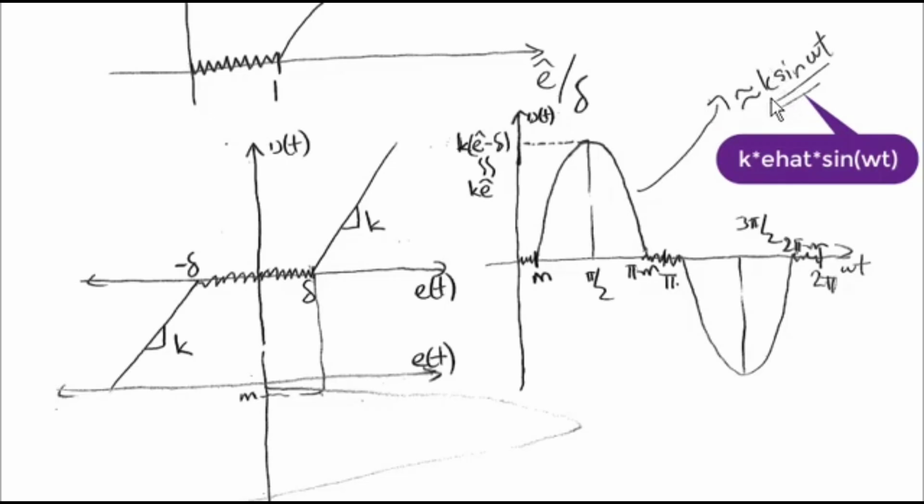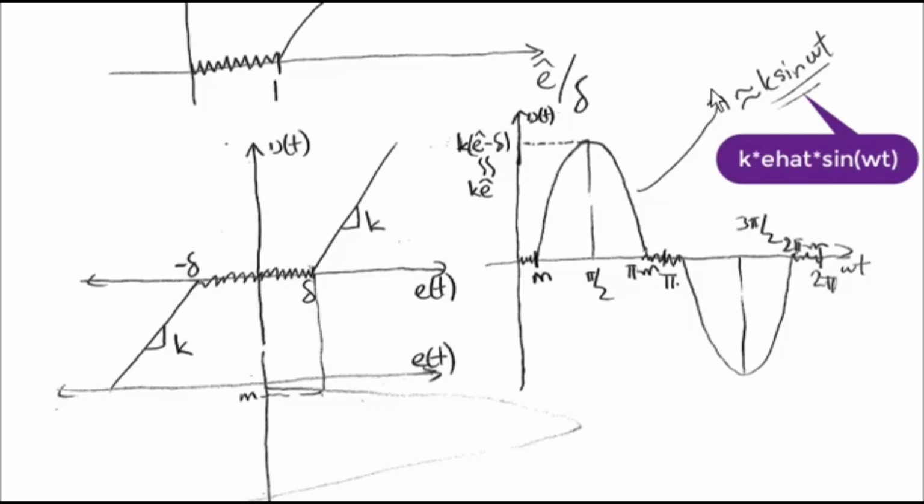So if I calculate B1 when E hat is very large, I would get K times E hat. When I divide it by E hat, I get K as my describing function, since A1 and A0 are both equal to 0.